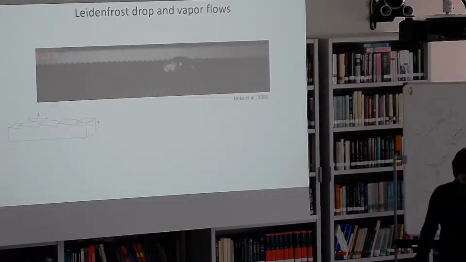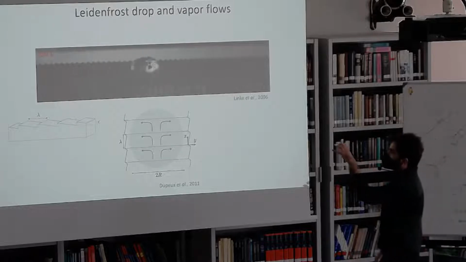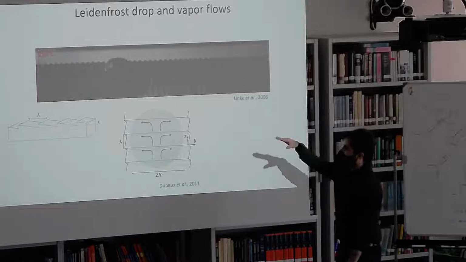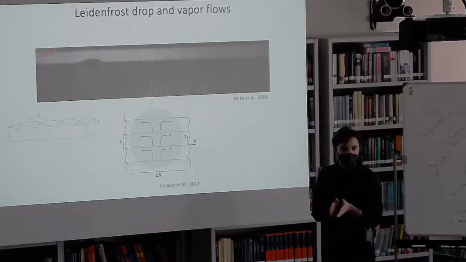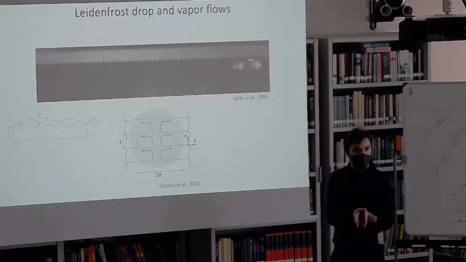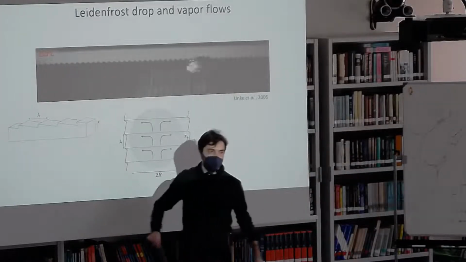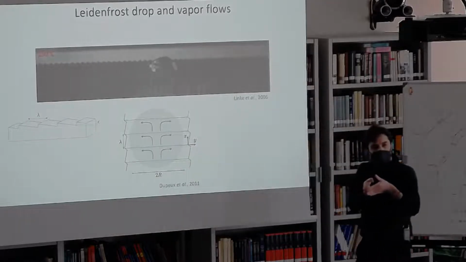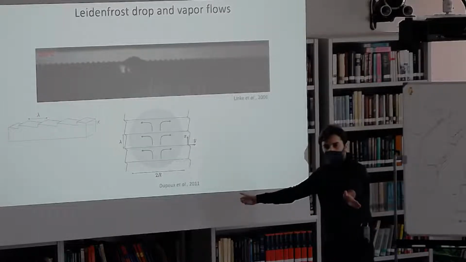And the reason for that is the following: as the droplet is exerting a pressure due to its own weight on the vapor layer beneath it, the vapor is forced to flow, and the easiest way for the vapor to flow is basically along the largest size of the teeth there. Which means that the vapor flow is redirected downward the slope of every single tooth before escaping from the side.